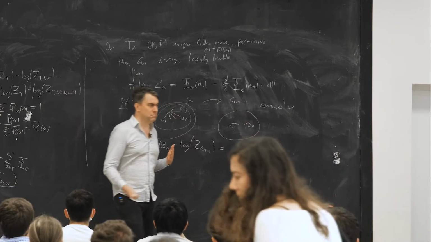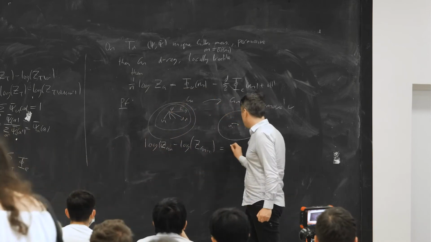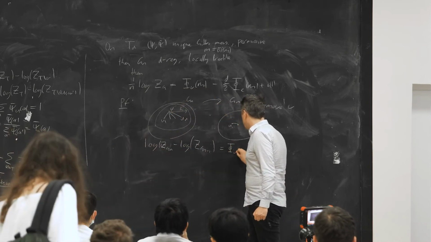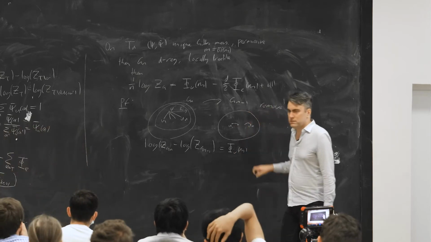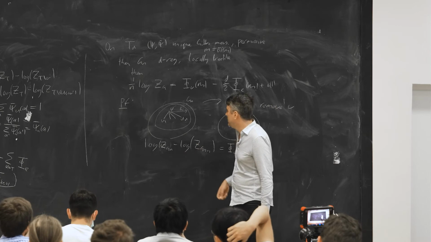So it's the same multiplicative effect on the partition function. So this really will be phi_V of m. But then I need to add back d over 2 edges.